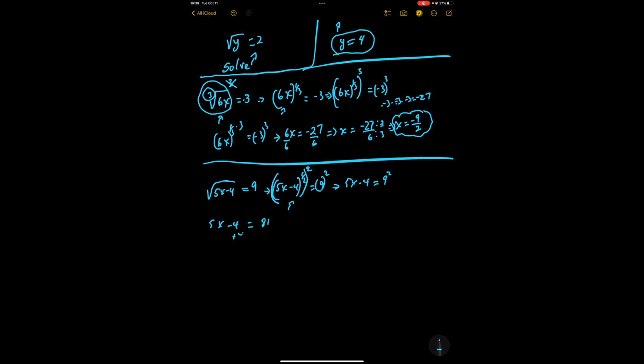I'm going to add 4 on both sides. So I get 5x equals 85. I'm going to divide by 5 on both sides. And I get x equals what? 17. Right? And that's it. So, yes, it is actually not really hard, guys.